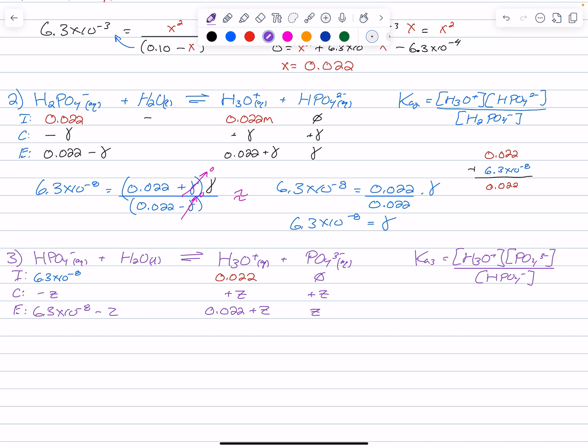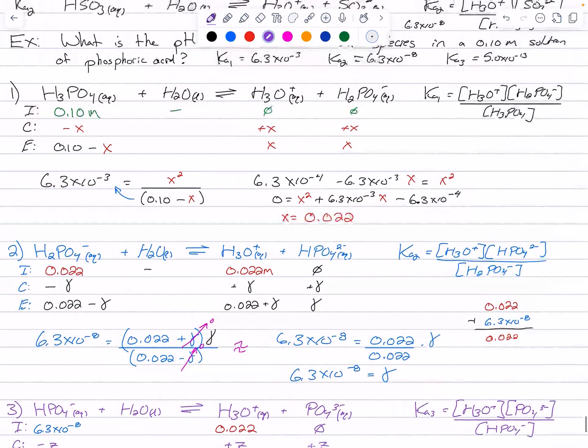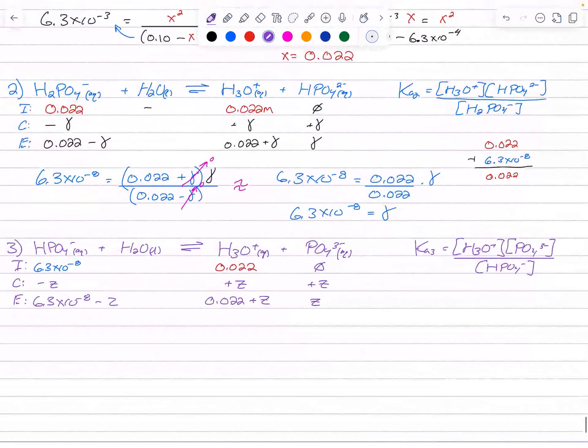All right, so Ka3, which was 5 times 10 to the negative 13th, is going to equal 0.022 plus z, z all over 6.3 times 10 to the minus 8 minus z. All right, the only z we need to worry about is this one.